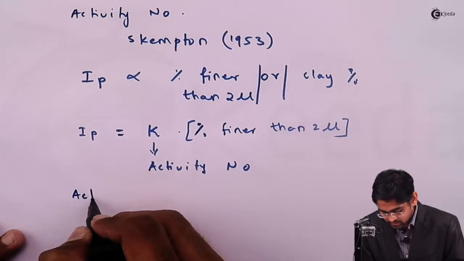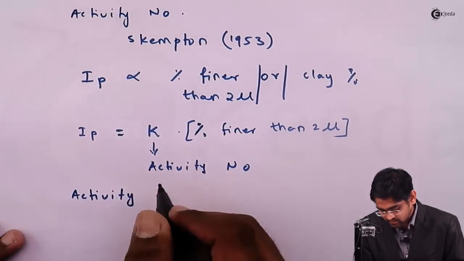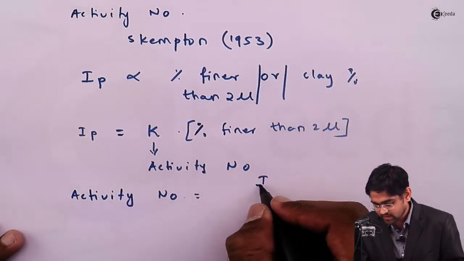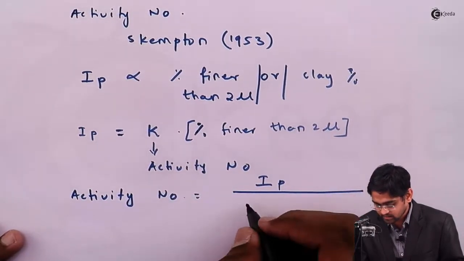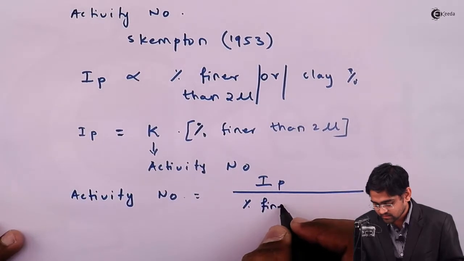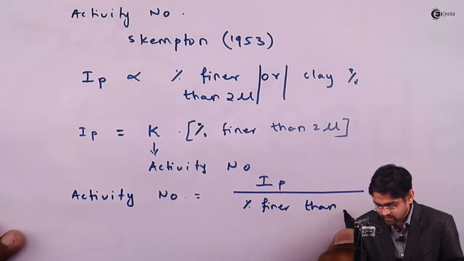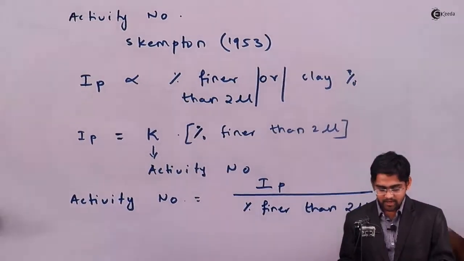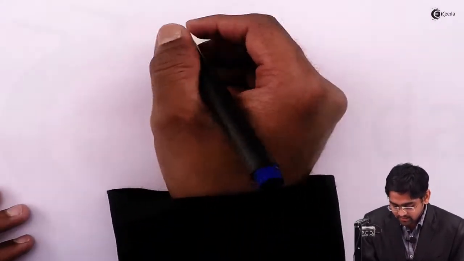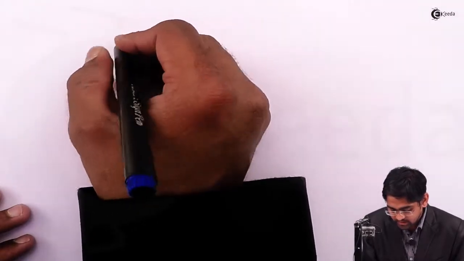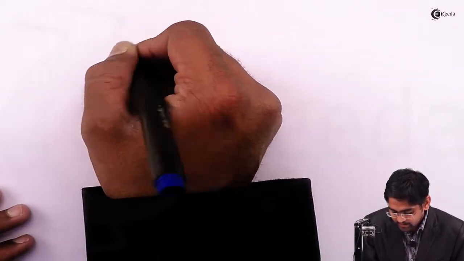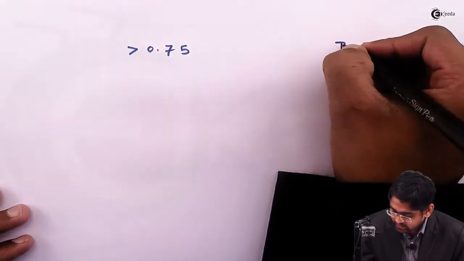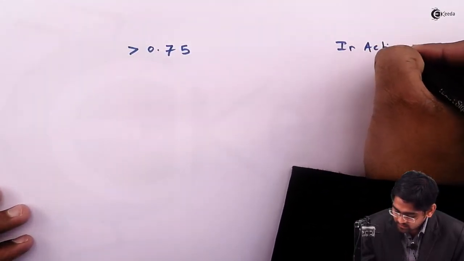Therefore, activity number is nothing but plasticity index divided by percentage finer than 2 micron. And depending on the activity number, soil is classified into the following groups. First, if this activity number is less than 0.75, we call it inactive.